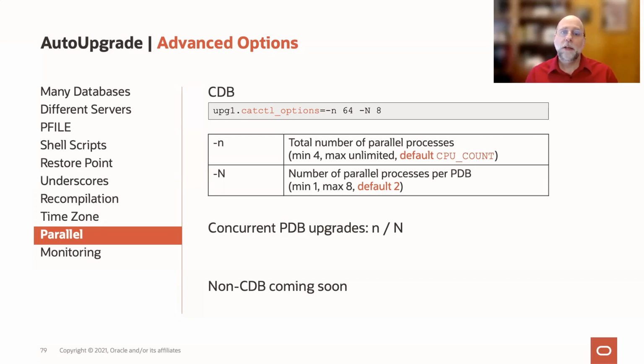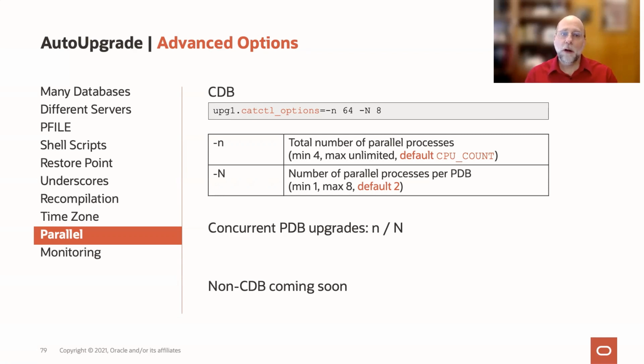However, you may either want to limit the number of SQL processes, perhaps because there are other databases running on that server, or expand it if you think you can push the limits and go actually higher than the CPU count. We found that sometimes that can actually provide better performance because the upgrade is not always CPU bound. Some parts of it are IO bound, for example.